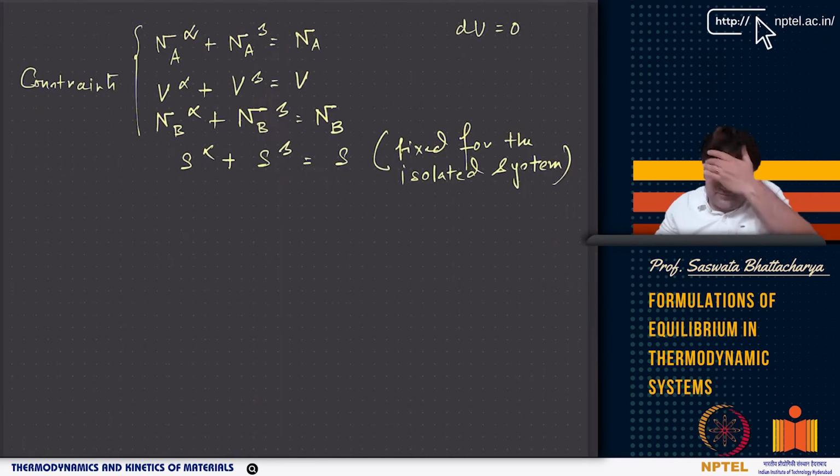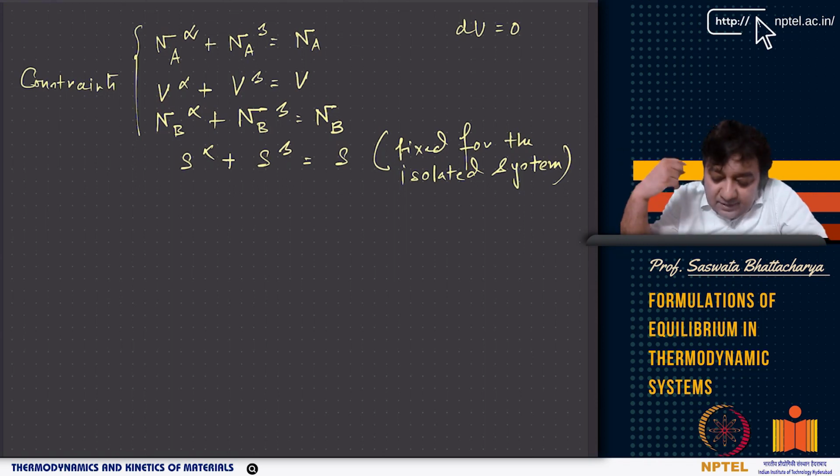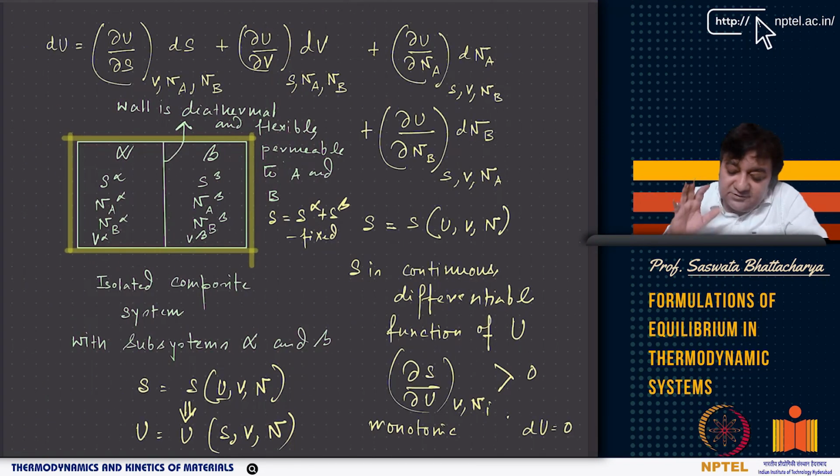This does not come out naturally. We generally don't talk about total entropy being fixed. For an isolated system, in general, we say total energy is fixed, not total entropy. That is why I am repeatedly emphasizing that even with the du equal to 0 approach, the same equilibrium will come. However, the equilibrium will be achieved at constant entropy.